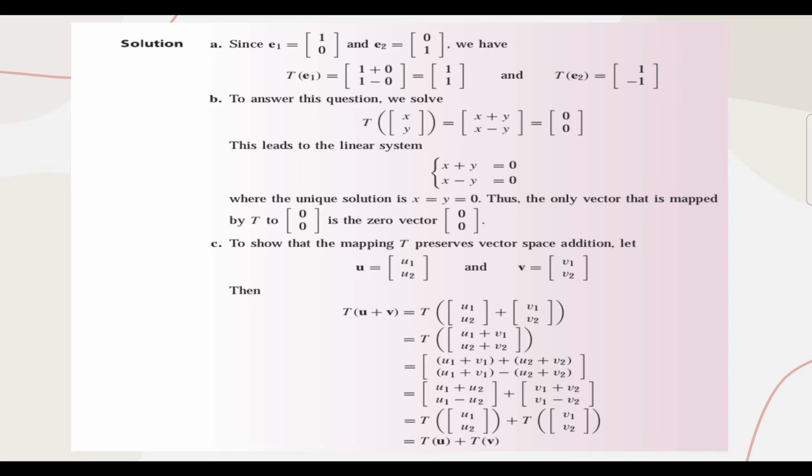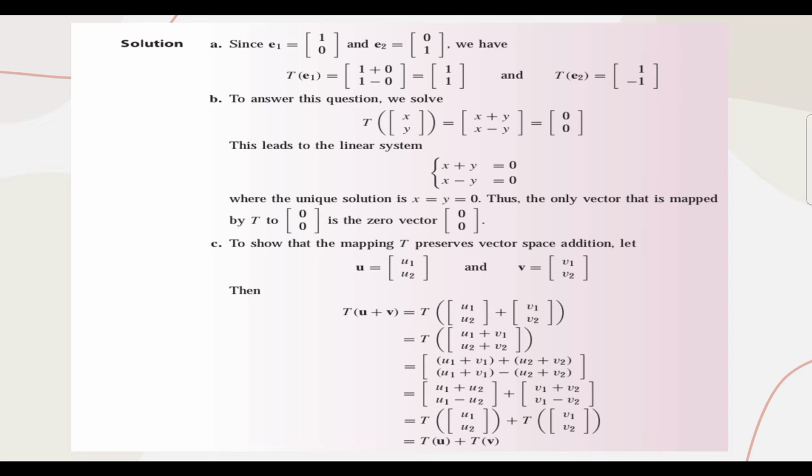Then in letter B, this asks which inputs result in an output of (0, 0). So we have our equations: x plus y is equal to 0, then x minus y is equal to 0.